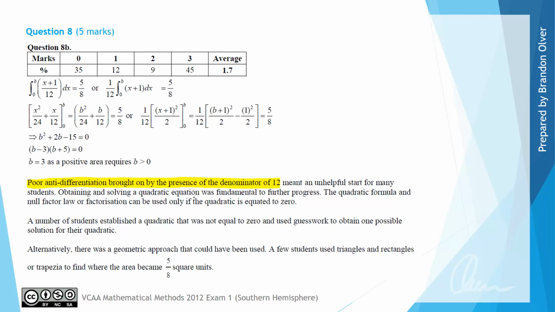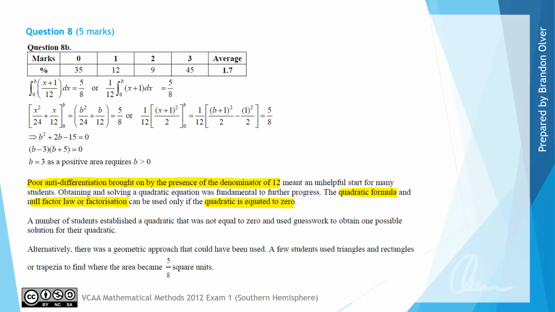Obtaining and solving a quadratic equation was fundamental to further progress in this question, and students are reminded that the quadratic formula, the null factor law and factorisation can only be used if the quadratic is equated to 0. A number of students established a quadratic that was not equal to 0 and used guesswork to obtain one possible solution for their quadratic. Alternatively, there was a geometric approach that could have been used.